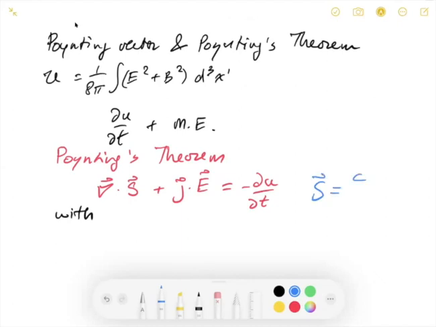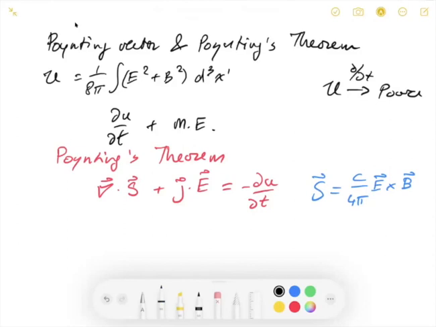I believe it's c over 4 pi, E crossed with B. So we took a path, and we went from U by taking our derivative to power, right? That makes a lot of sense, because power is what that Poynting vector illustrates. It's the flow of power.